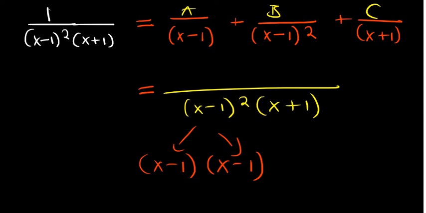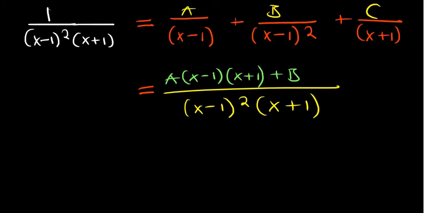So if you divide by just that, 1 remains, right? So we're going to have a multiplying by x minus 1, and the other one also remaining, x plus 1, and then plus b. If you divide, b has x minus 1 squared, so all this will disappear, and we just remain with x plus 1, right? So we have x plus 1, and then we now have c. For c, if you divide out x plus 1, what remains is this other part, x minus 1 squared.